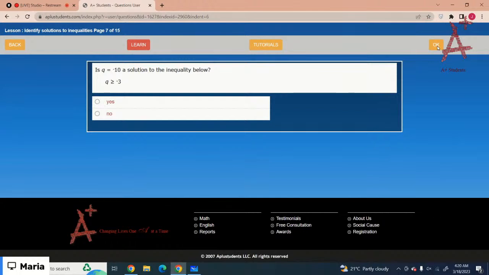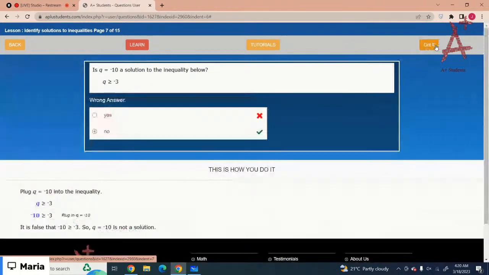The correct option is yes. -10 is greater than -3.